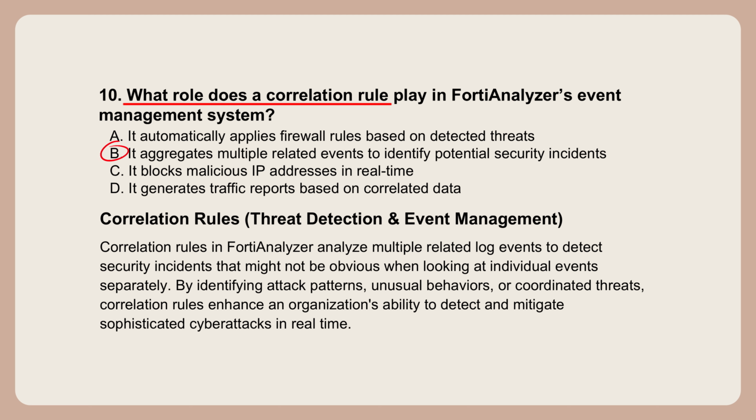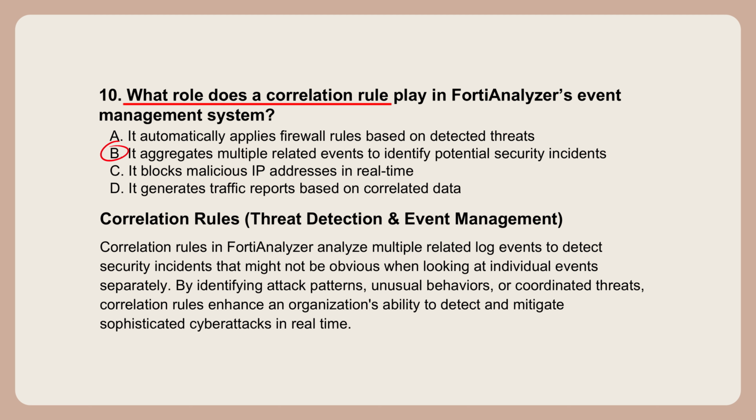It aggregates and analyzes multiple security events to identify those potential incidents that might not be obvious from individual events alone. Correlation rules sound like the key to sifting through all that noise. They really are, and pinpointing those hidden threats. So how do they work in practice? They're essentially predefined sets of conditions that FortiAnalyzer is constantly monitoring across all that log data.